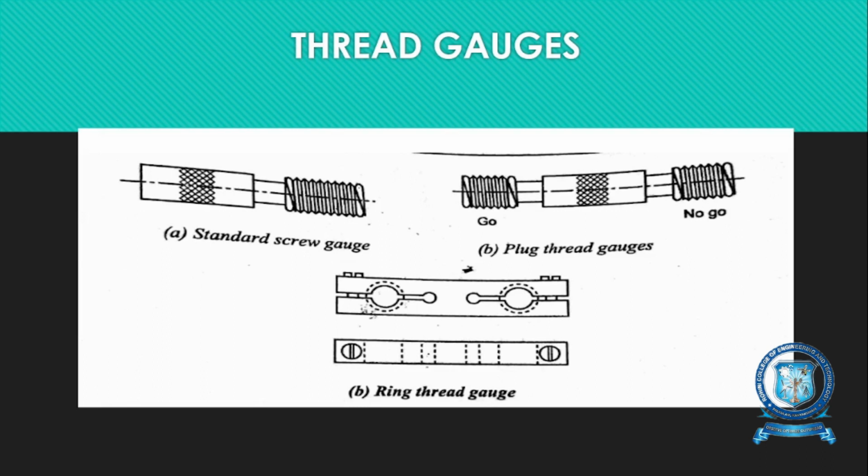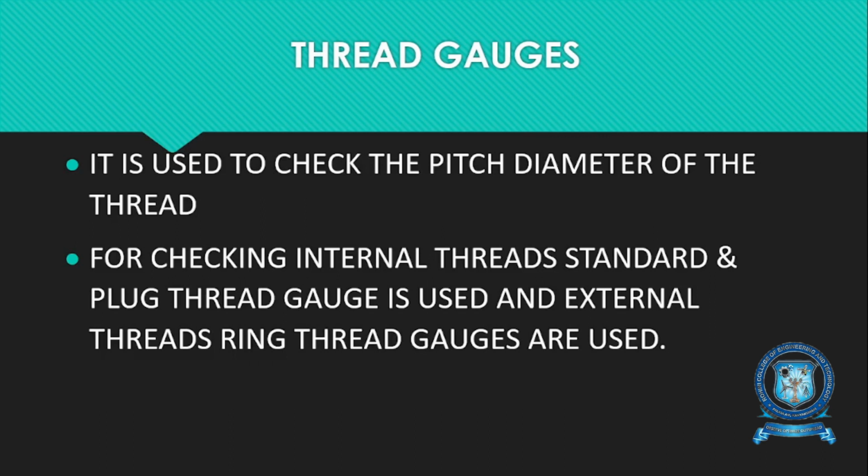One is the standard screw gauge and one is the tapered standard screw gauge, plug thread gauges, and ring thread gauges. These are the thread gauges that we have studied today.